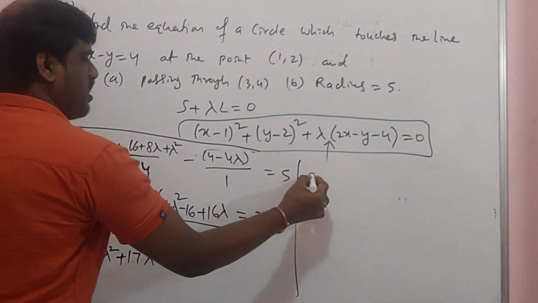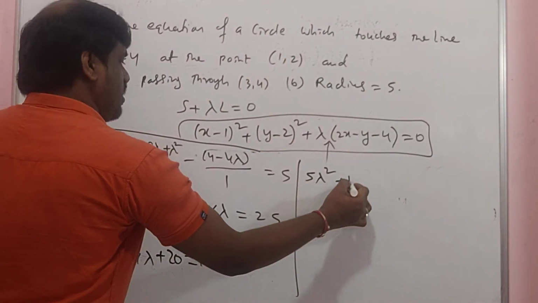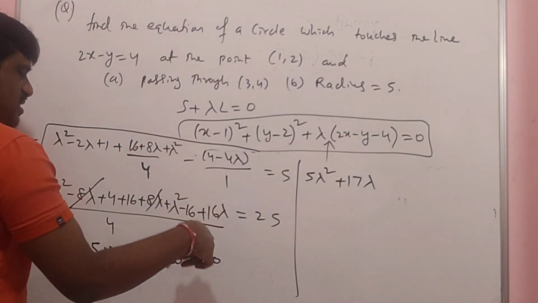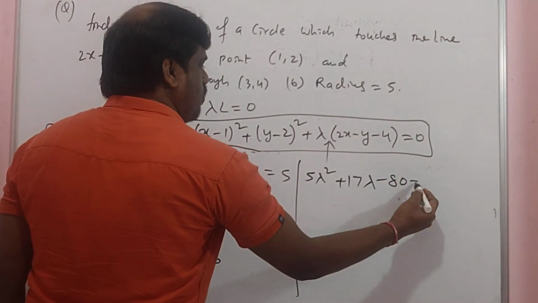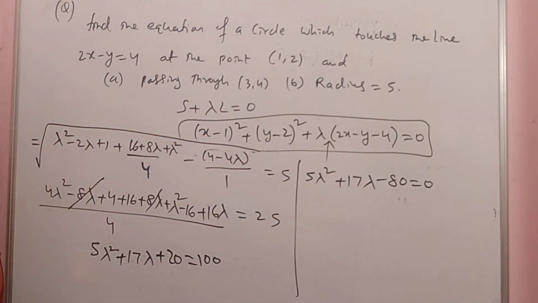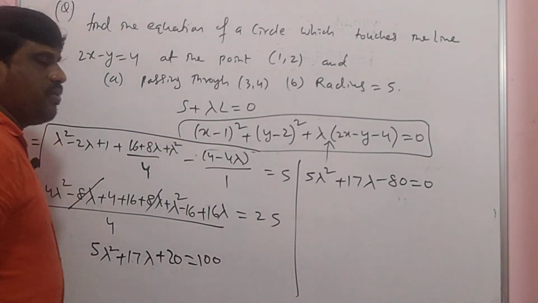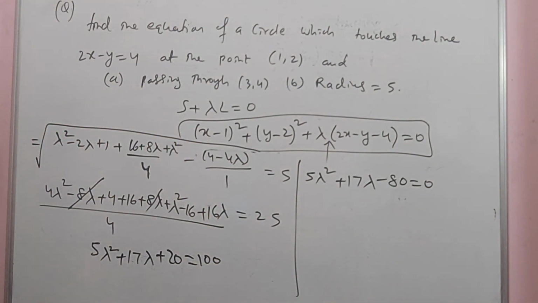So what I am going to get here is 5 lambda square plus 17 lambda, and if I send this to this side, minus 80 is equal to 0. And this you can simplify, you are going to get the lambda value. So this you can do by using the quadratic equation formula. You can use the quadratic equation formula, you can find the lambda value here.